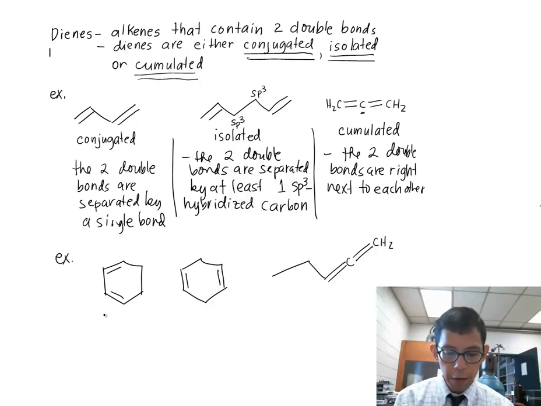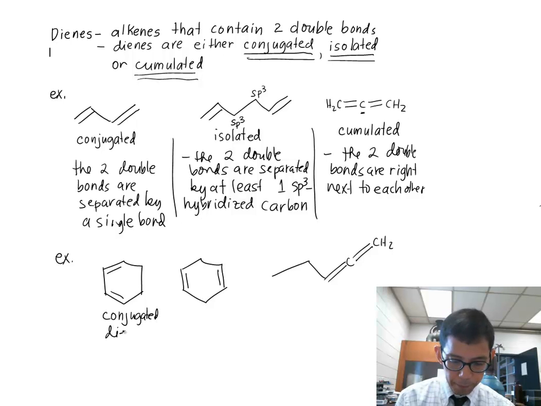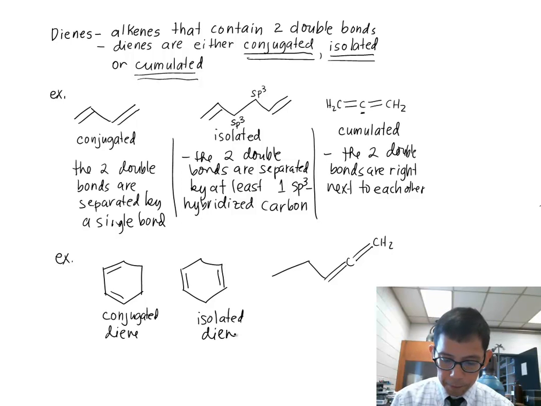Okay, so this here is a conjugated diene because the two double bonds are separated by a single bond. The next one is an isolated diene because the two double bonds are separated by an sp3 carbon.